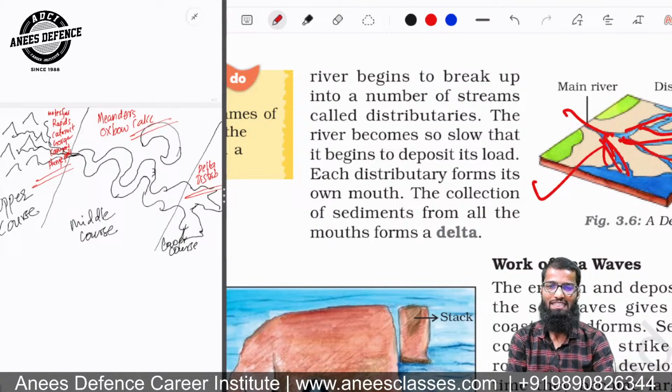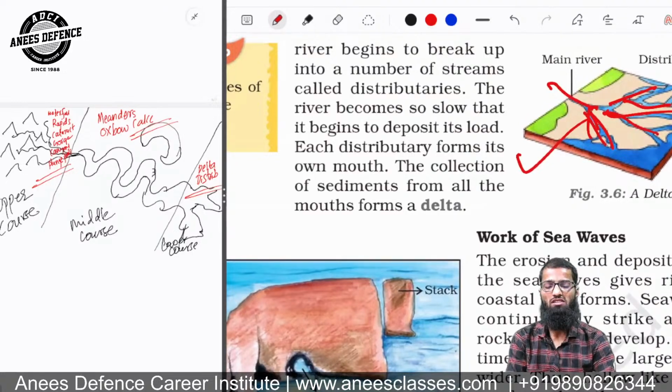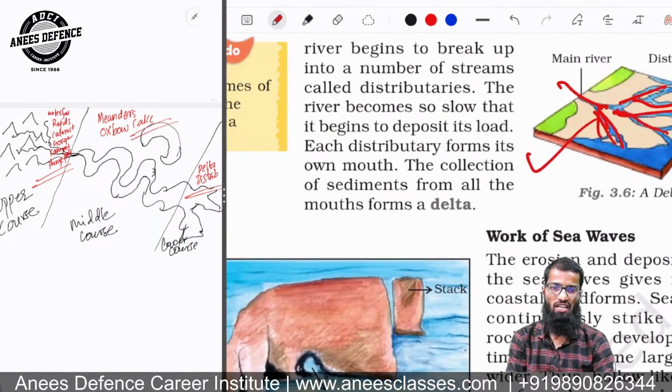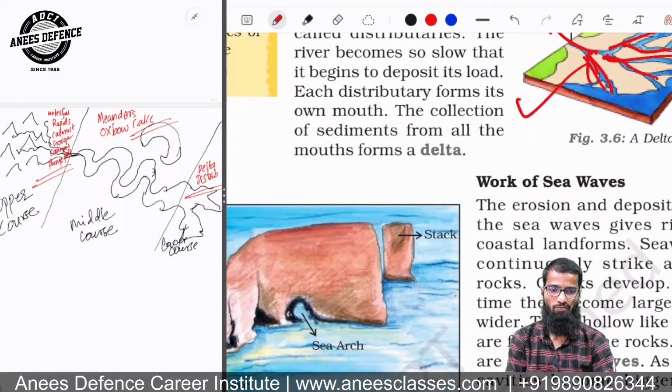And the energy, the speed of the river here is very minimal. So that's the reason it starts deposition, at almost zero speed, and it starts depositing everything it has borrowed from the highland Himalayas and from the plains or flood plains, and it will deposit here.